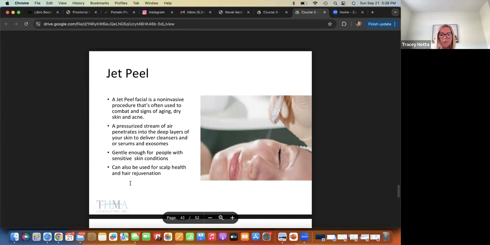It's a pressurized stream of air which penetrates into the deeper layers of your skin to deliver cleansers, serums. You can also deliver exosomes with this as well. It's gentle enough for people with sensitive skin conditions. There's no break in the skin with this at all. It's just the pressure pushes it to where it needs to go. We use jet peel for our hair rejuvenation treatments as well in our clinic, but can also be used very effectively for improving skin quality.